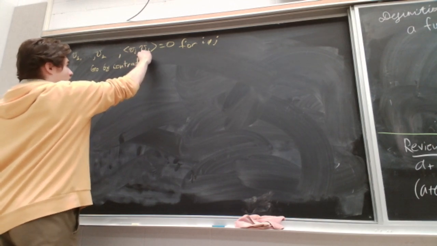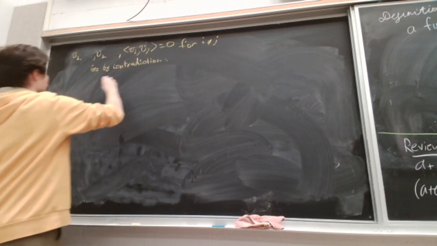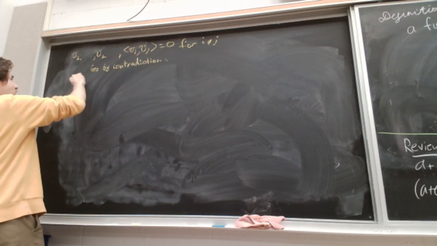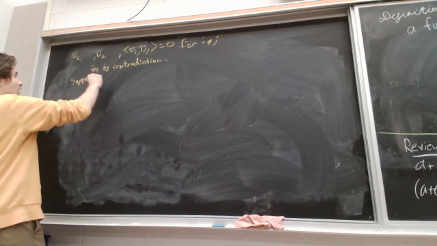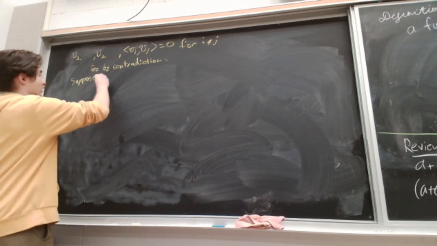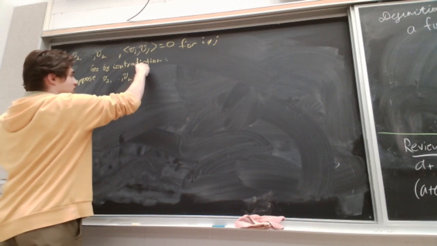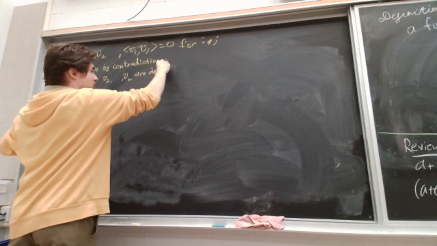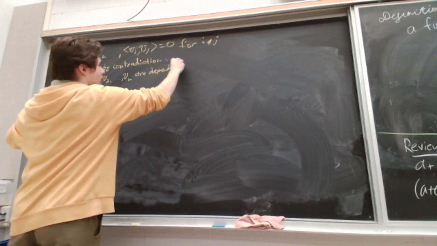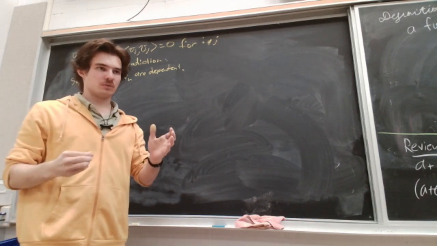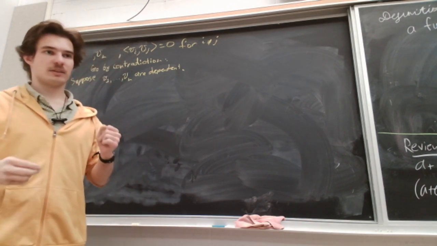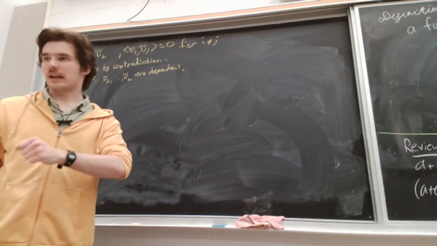By contradiction, suppose they are dependent. And if these vectors are dependent, then what can I do? Present one vector as a linear combination of others. Exactly. Good.